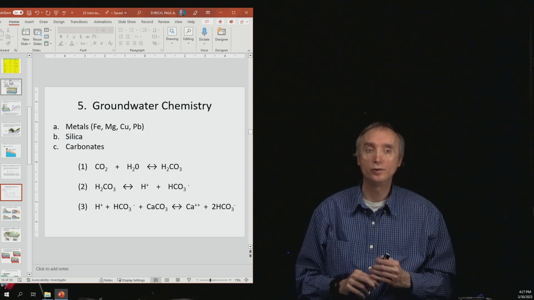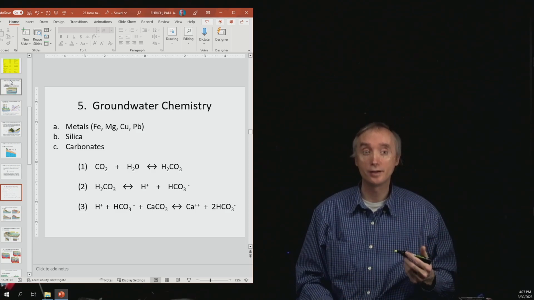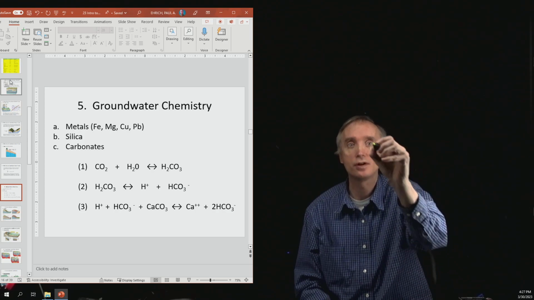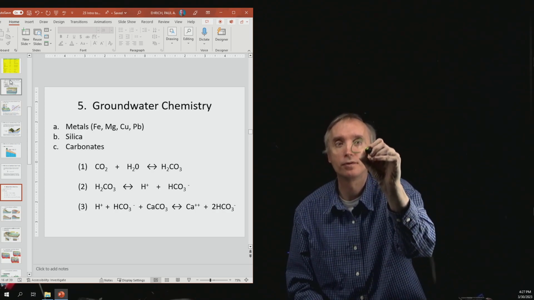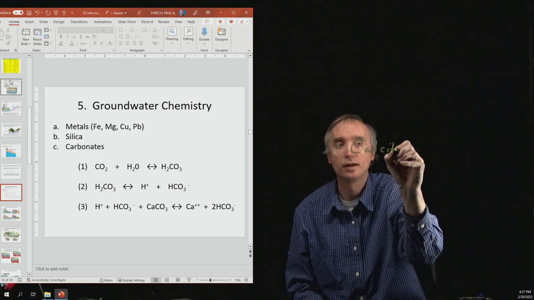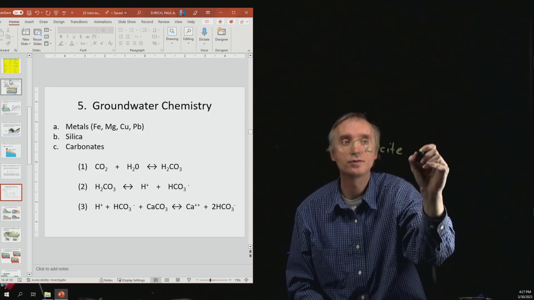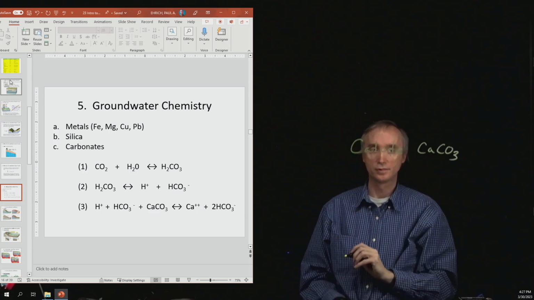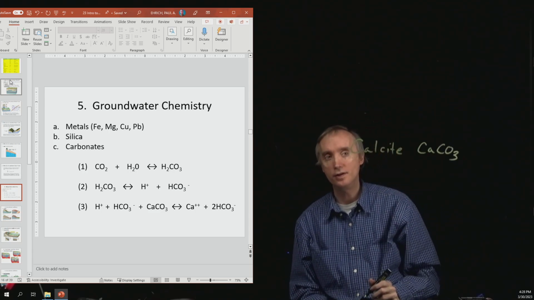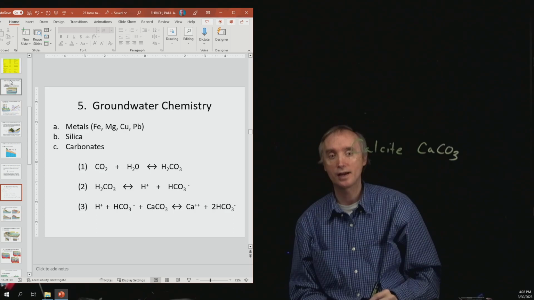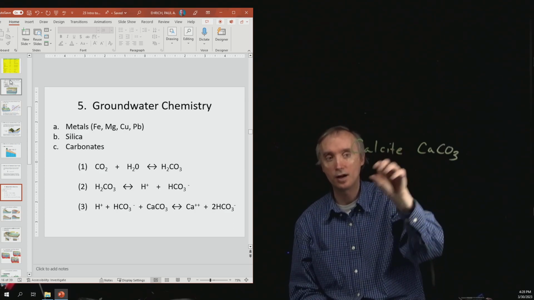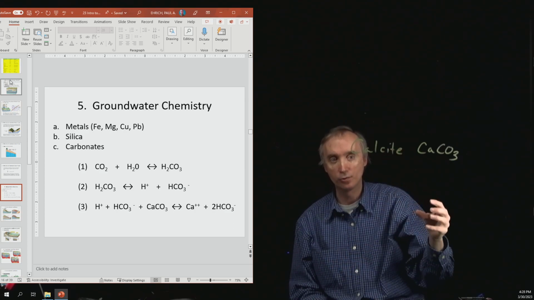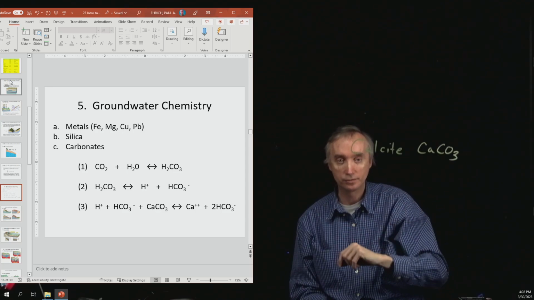So if you recall, we talked about limestone, and limestone had in it the mineral calcite. And calcite was going to be calcium carbonate. Okay, so what is going to happen to this calcite that is in limestone as groundwater percolates through it?